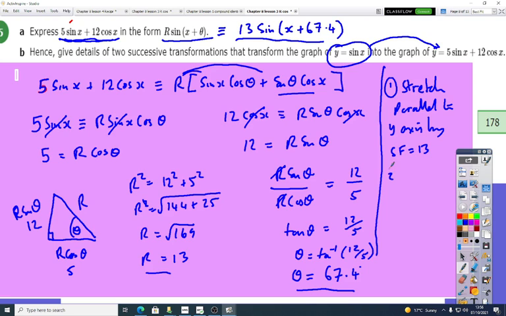And then the second transformation is you would translate by, now this is in the bracket, when you plus it's going backwards, so you're translating by minus 67.4 degrees and 0 in the y direction. Okay, so those are your two successive transformations. You're doing a stretch parallel to the y-axis, and then a translation by the vector minus 67.4 degrees and 0.